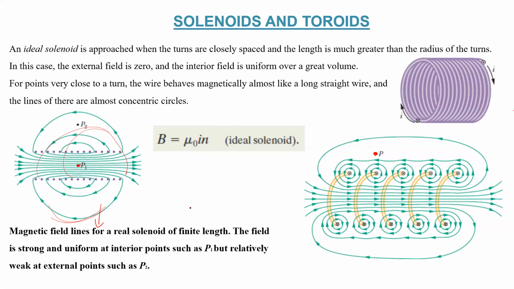How do you find the dimension of this mu 0, the magnetic permeability? We studied Biot-Savart's law.